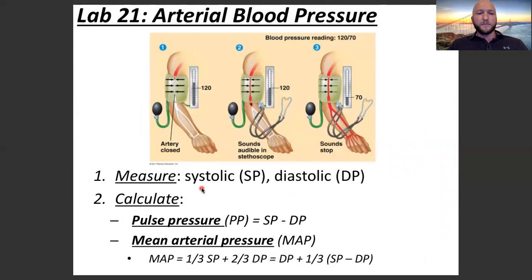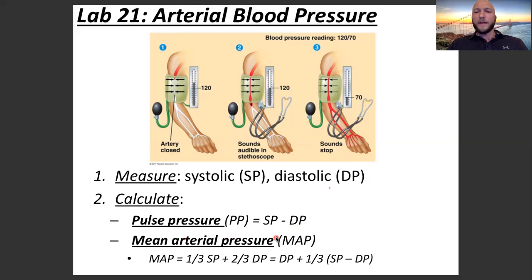All right, so we have our systolic and our diastolic blood pressures. You're going to say 120 over 80 or whatever that person's is. Right here it says 120 over 70. We're going to calculate a few things. We're going to calculate pulse pressure, or PP. SP stands for systolic, so we're going to take our systolic blood pressure and subtract diastolic blood pressure to calculate pulse pressure. We're then going to calculate mean arterial blood pressure, or MAP.